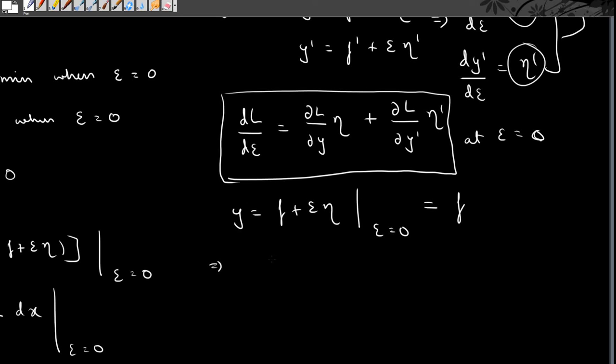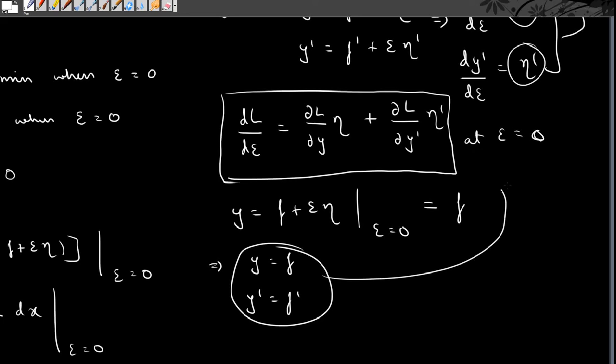So y is equal to f and y dash is equal to f dash, and using this, dL by d epsilon is equal to dou L by dou f into eta plus dou L by dou f dash into eta dash.